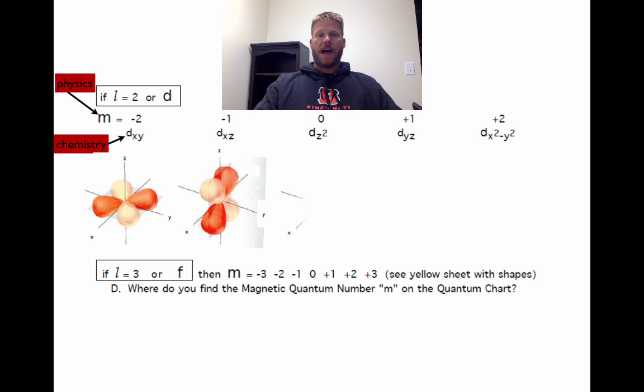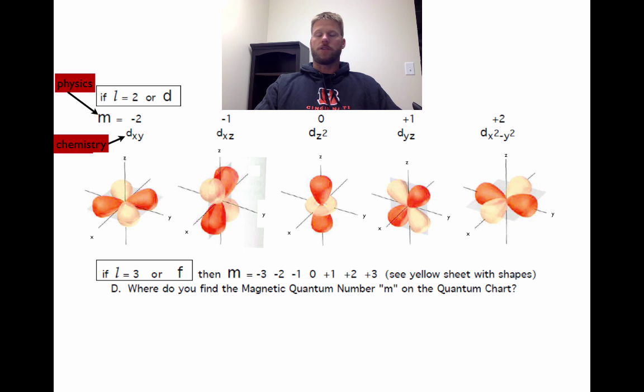And here are the 5 different orientations for the cloverleaf orbitals in three-dimensional space. So that's how they can arrange themselves on the XYZ plane. For L equals 3, the f orbitals get really crazy. There's 7 different possible three-dimensional orientations. You can see those on the additional handout we gave you with these notes.